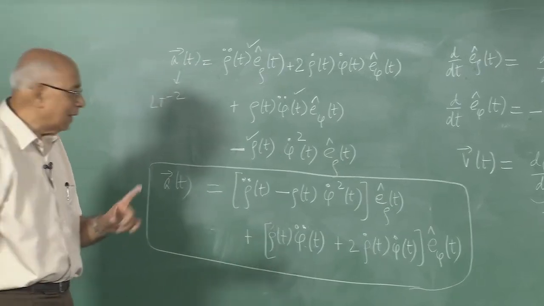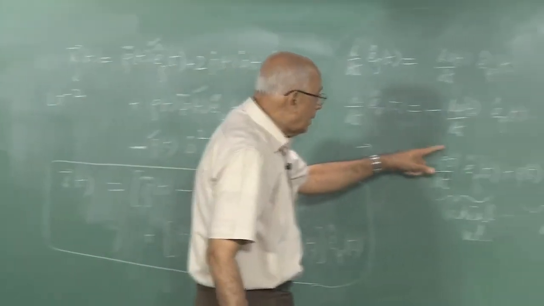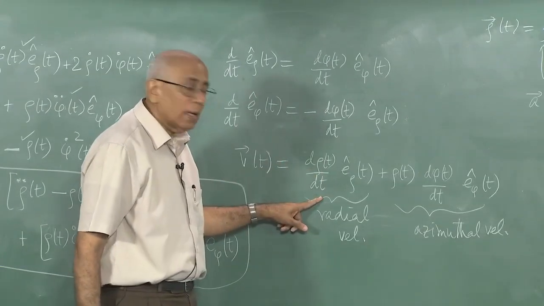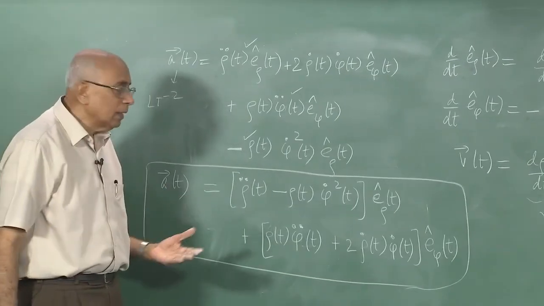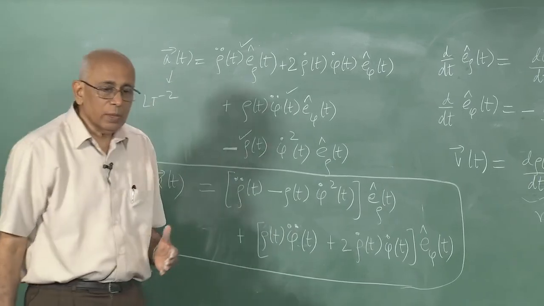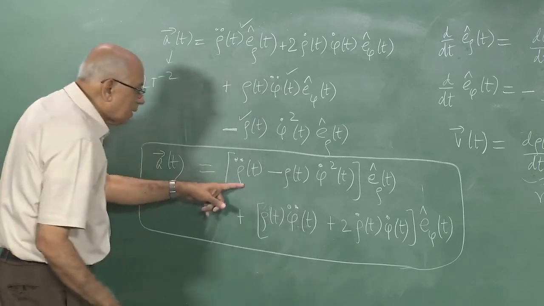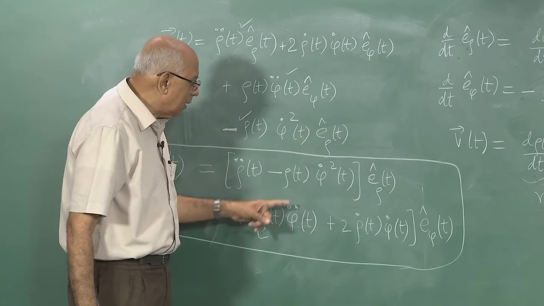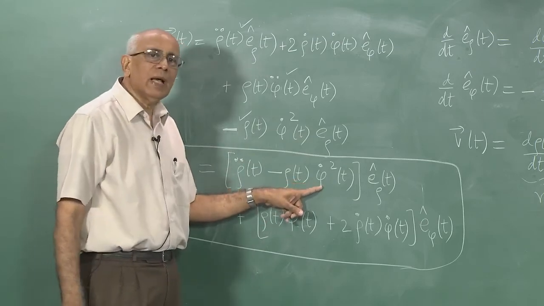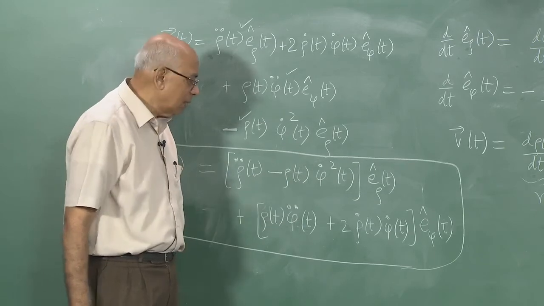Surprisingly, the radial portion, unlike the velocity, which just had a radial speed out here, and this was rho times the angular speed if you like, in the acceleration some new terms have appeared precisely because these unit vectors change with time. So what has happened is that there is a radial acceleration which has appeared here, but there is an extra term which has appeared here which depends on the square of the angular speed multiplied by a radius vector.